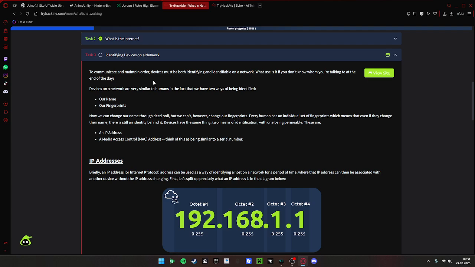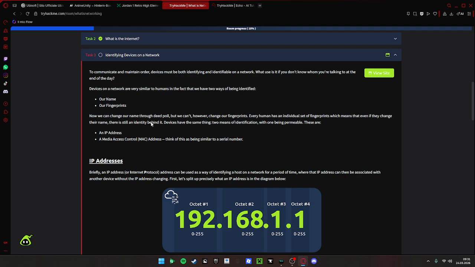To communicate and maintain order, devices must be both identified and identifiable on a network. Devices on a network are very similar to humans in that we have two ways to identify ourselves: our name and our fingerprints.